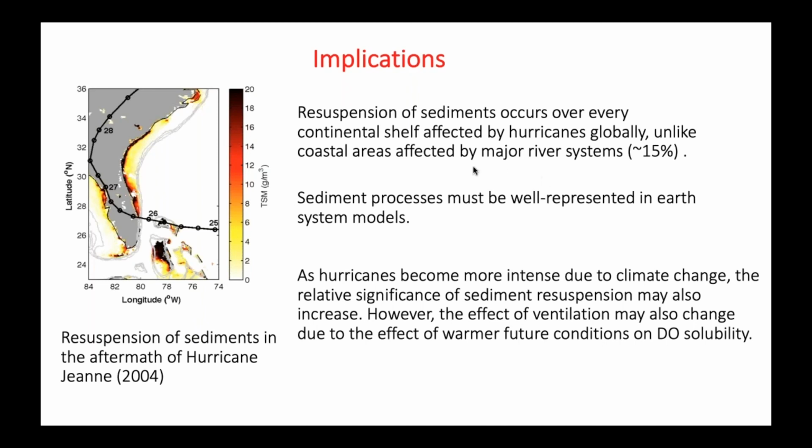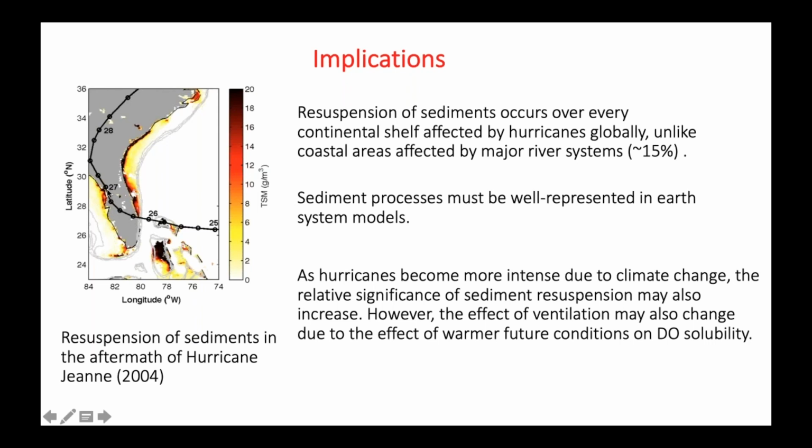On the other hand, this resuspension of sediments occurs everywhere and is a ubiquitous process. And this can be seen here, if you can look at this figure. So here we show the track of Hurricane Jeanne from 2004. And what we see is the resuspension of sediments in the aftermath of this storm.